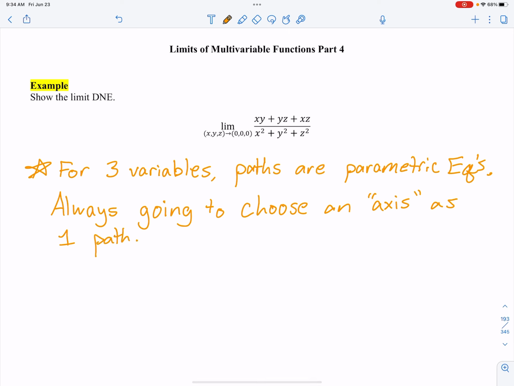So it may not be x equals 0, it may be x equals 5, depending on the point. If this was a 5 right there, I would say x equals 5, not x equals 0. Okay, so let's begin. Let's choose that path that they said along x-axis. So that is when y equals 0 and z equals 0.